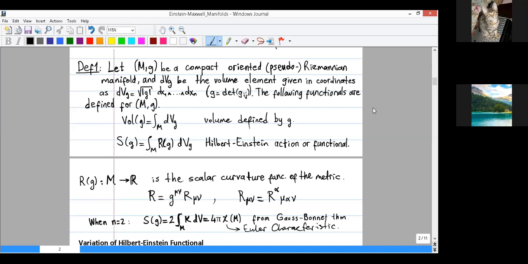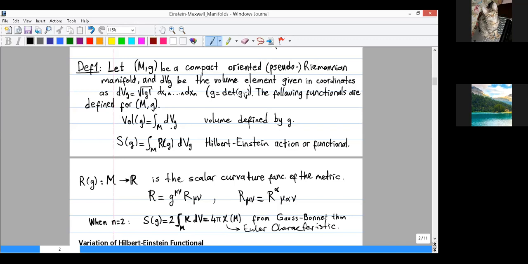Let M, G be a compact oriented pseudo or normal Riemannian manifold, and dV_G is the volume element given in coordinates as dV_G equals the square root of the determinant of G times the top form of the manifold. The following functions are defined for this manifold.